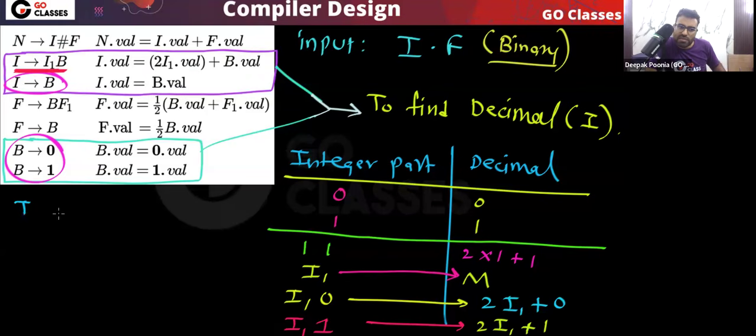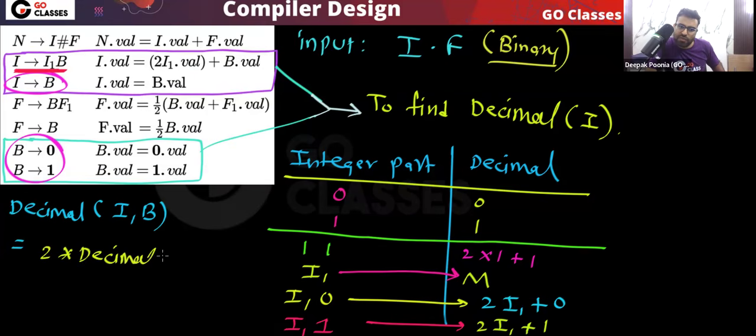Very simple. I am asking what will be the decimal of I1B? That will be equal to 2 multiplied by the decimal of I1 plus the decimal of B. Yes or no?